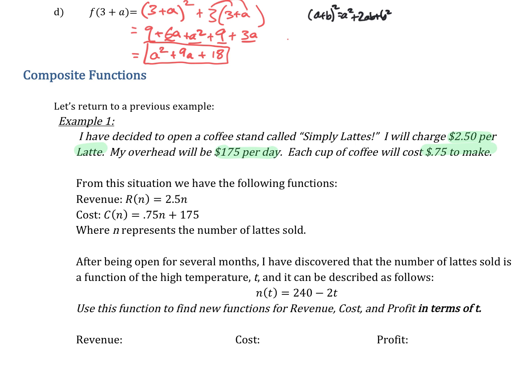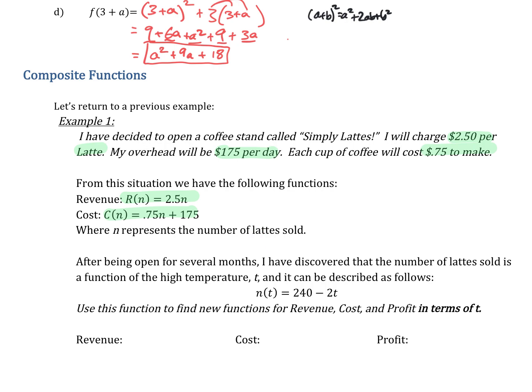So I've got all my numbers figured out here. And so my revenue is going to be 2.50 times n, where n is the number of lattes sold. And my cost is going to be 75 cents per latte plus the $175 per day.